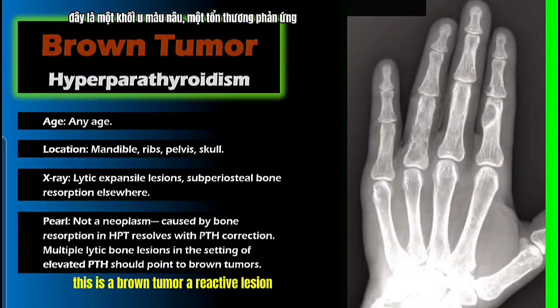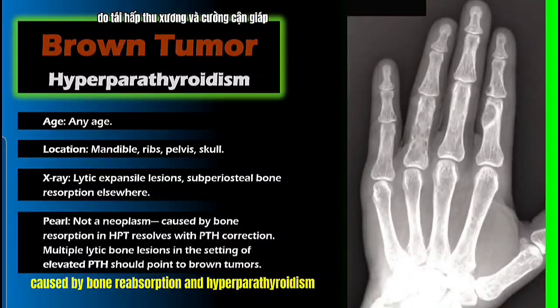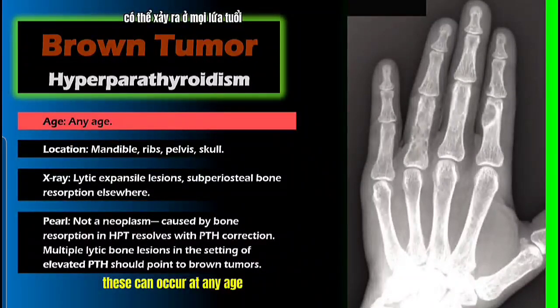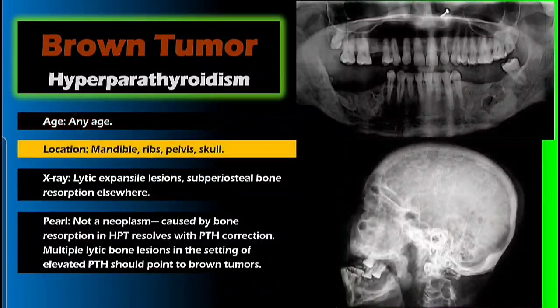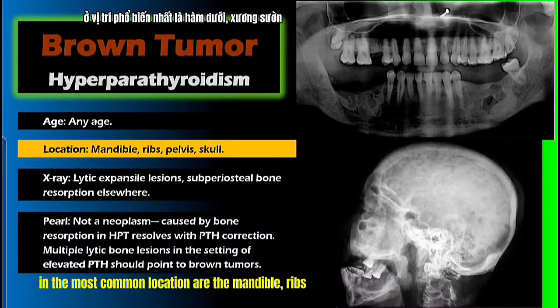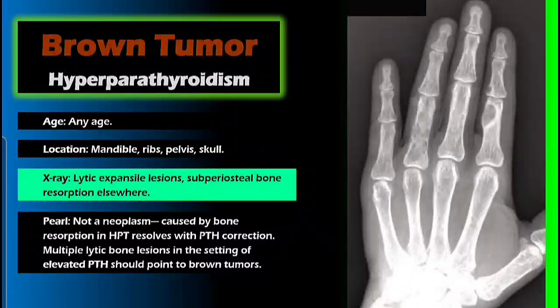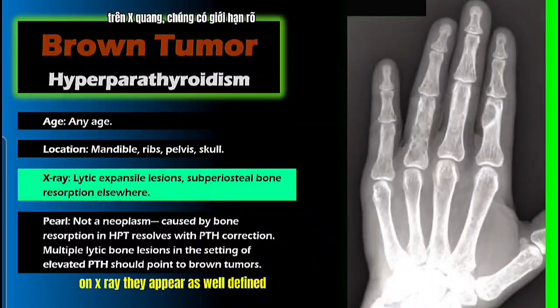This is a Brown tumor, a reactive lesion caused by bone resorption in hyperparathyroidism. These can occur at any age. And the most common locations are the mandible, ribs, pelvis, and skull. On X-ray, they appear as well-defined lytic lesions that may be expansile.